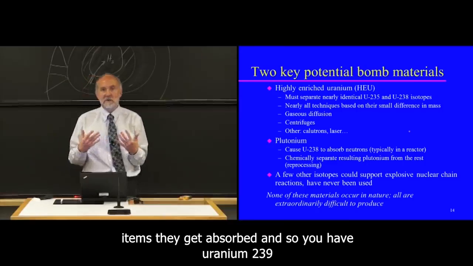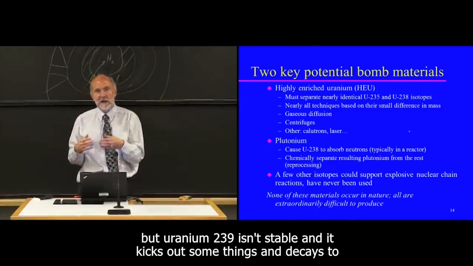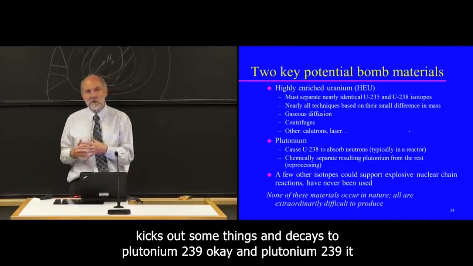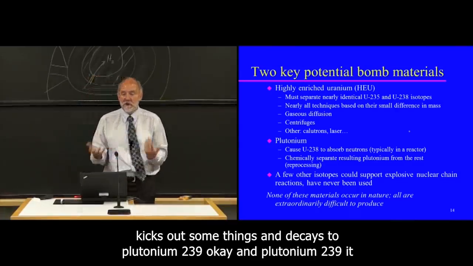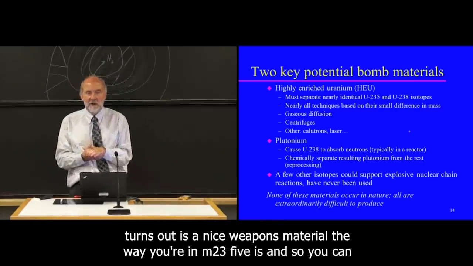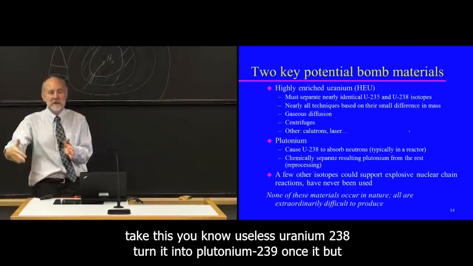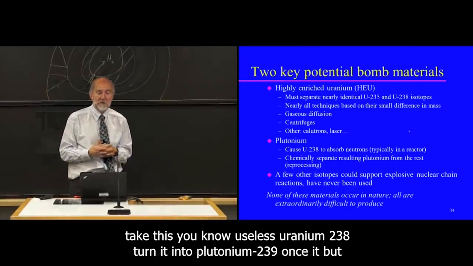And so you have uranium-239. But uranium-239 isn't stable, and it kicks out some things and decays to plutonium-239. Okay? And plutonium-239, it turns out, is a nice weapons material the way uranium-235 is. And so you can take this useless uranium-238 and turn it into plutonium-239.